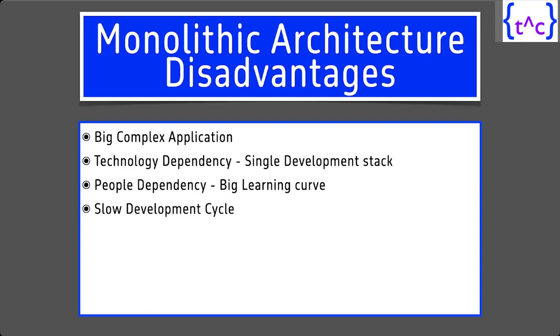Slow development cycle. Obviously, why? Because it is a big complex application. So any small change in the application can cause a huge impact in the entire application. So first of all, the person should have a very, very good understanding of that application, and then still they need to be very sure about even that small change. And it's not about only doing the change, it includes the deployment also.